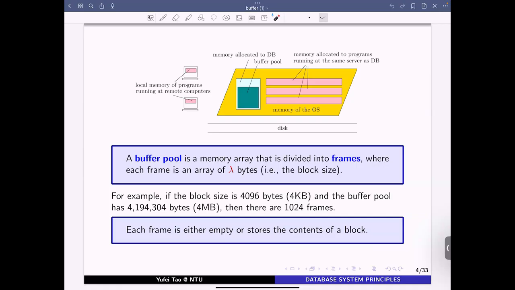I said you don't use it, but strictly speaking, I should take that back. You as a user have no control over the buffer pool. The buffer pool is managed by the database system. So I should say the database system would either leave a frame empty, or it would put a block into the frame.